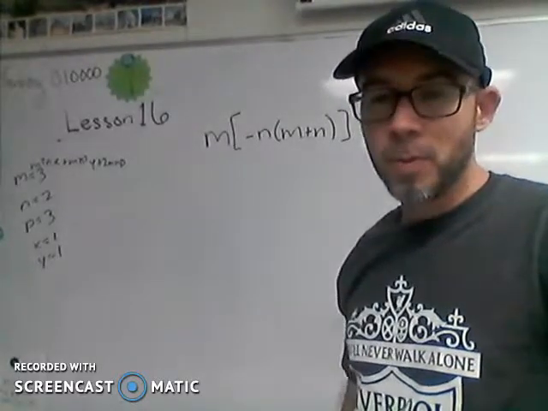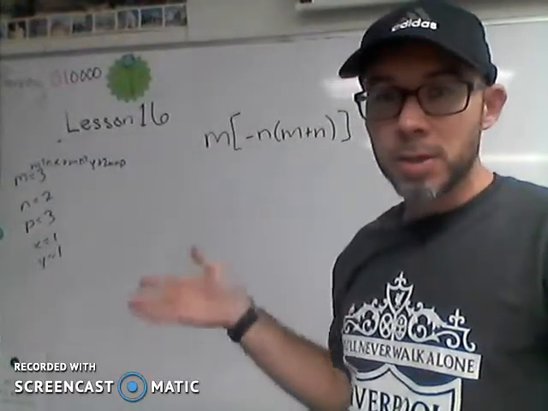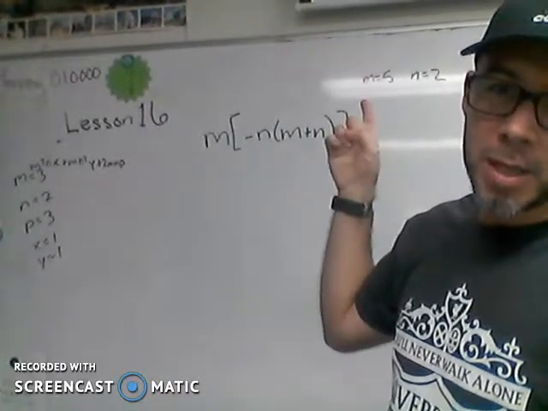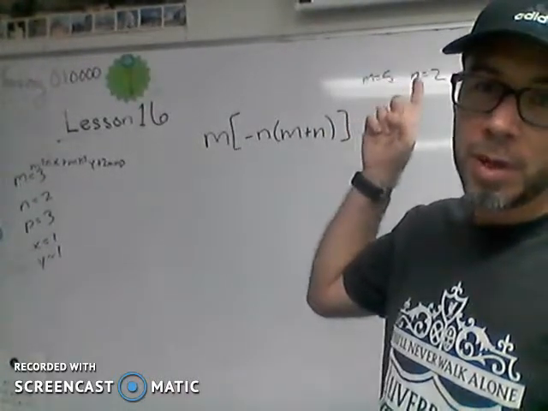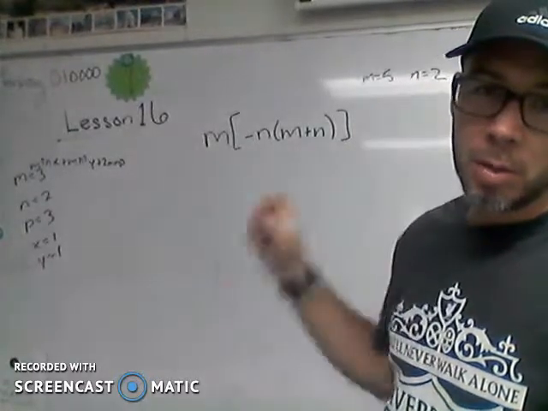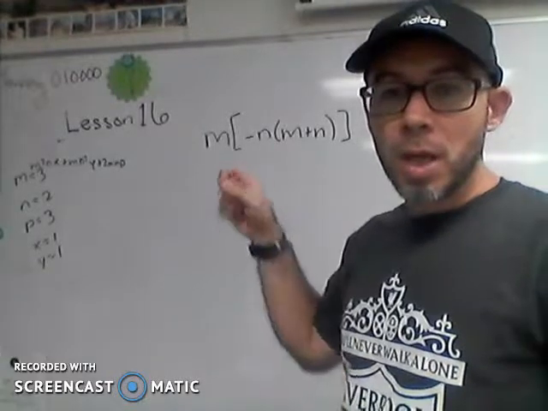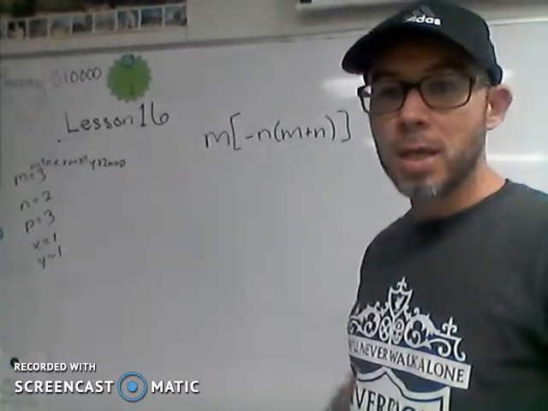We talked about this before with all the different symbols of inclusion. So in this problem, anytime there's an m, we're going to put in a 5. Anytime there's an n, we're going to put in a 2. I'm going to make a space for it first, then plug those numbers in, and then we'll do the math.